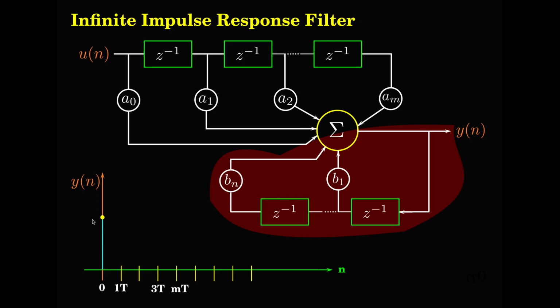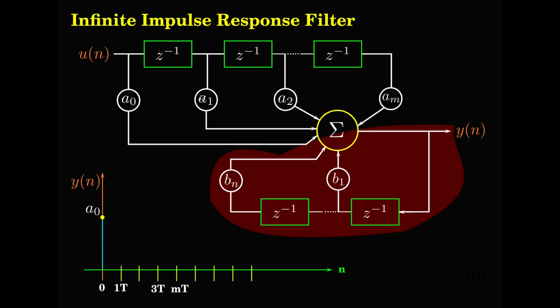And I will give one single unit impulse at the input here. So at time 0, A0 will go in and come to the output. So there is no confusion there. Now after elapse of 1T, the impulse would have shifted here.